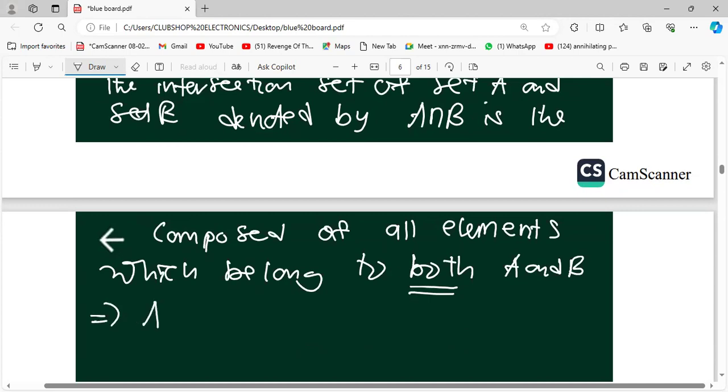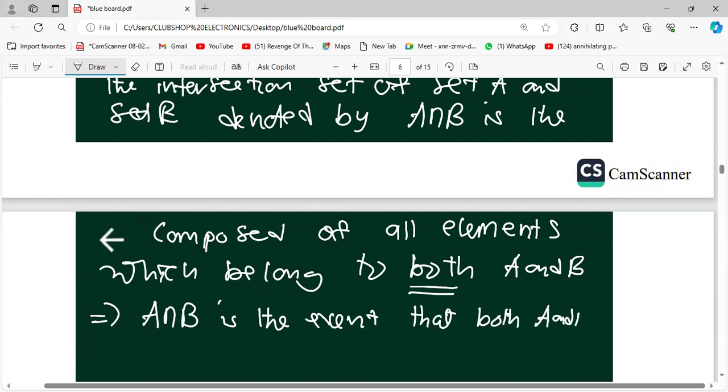It implies that A intersection B is the event that both A and B occur. So both implies intersection.